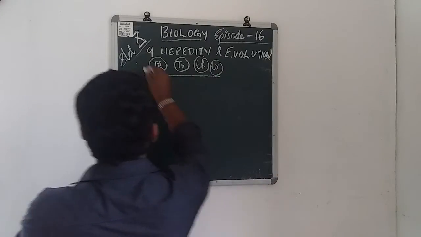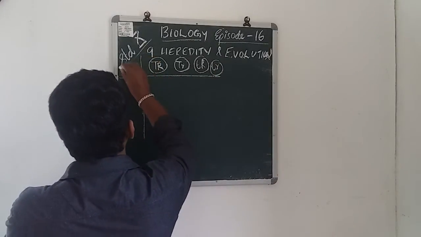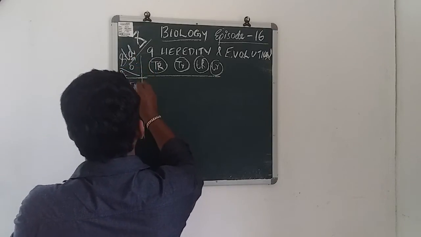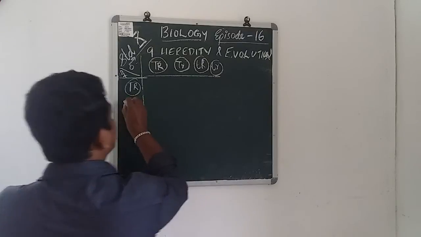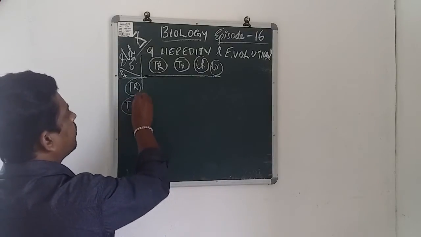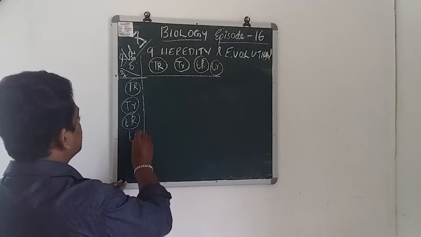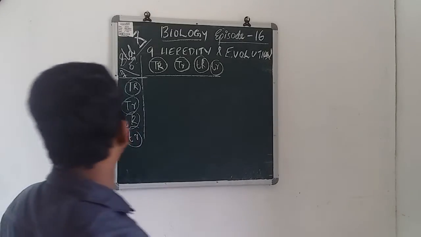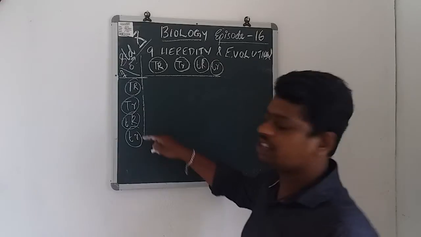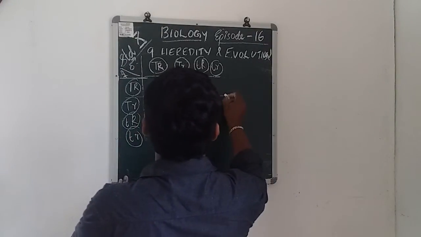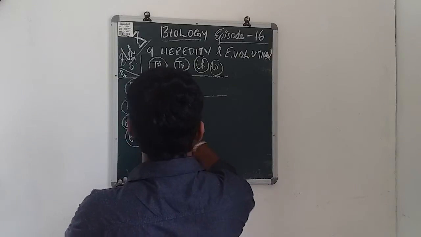Next is the female: capital T, capital R, capital T, small r, small t, capital R, small t, small r. These are the gametes, male gametes and female gametes. Okay, and crossing over with a checkerboard.